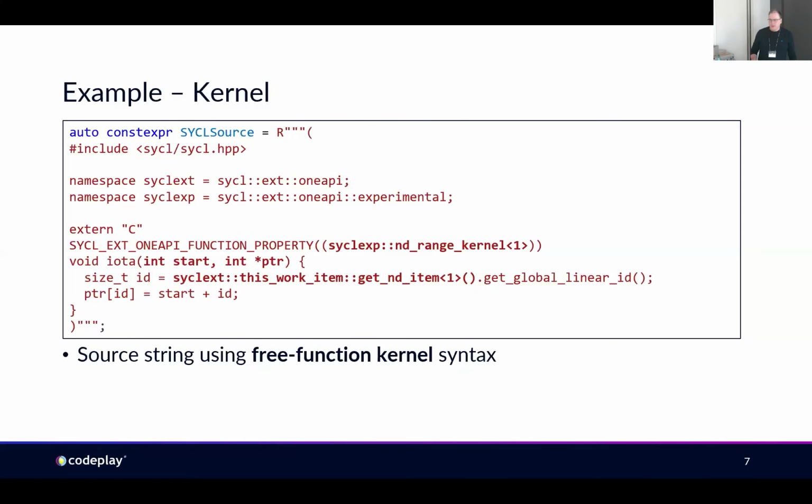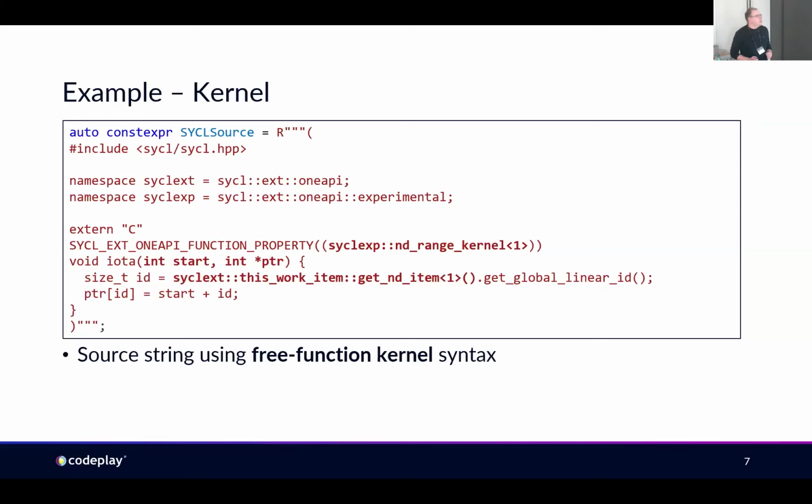I think the easiest way to understand this extension is just going through an example. I have three slides for this example, but you can think of it as one source file, one application that uses runtime compilation. Let's start with the kernel definition.